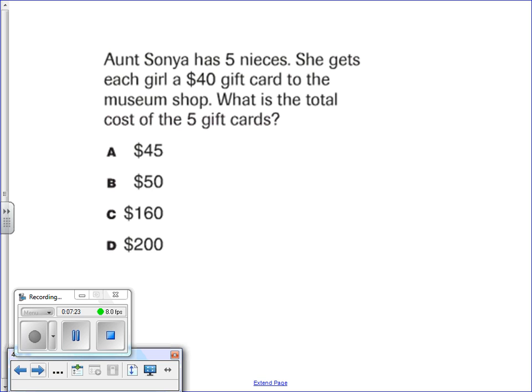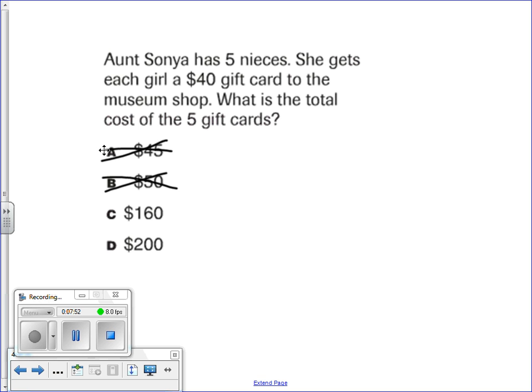Let's do a little strategy here. What are 2 answer choices that I can eliminate right off the bat without doing any math? Jojo? 50 and 45. Why? Because it wouldn't be reasonable, because if you do 40 times 5, it's never going to be the same exact thing.